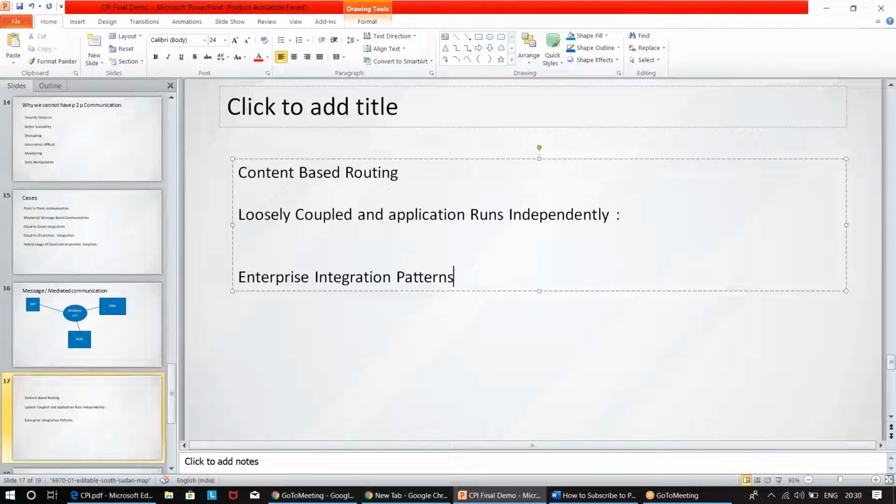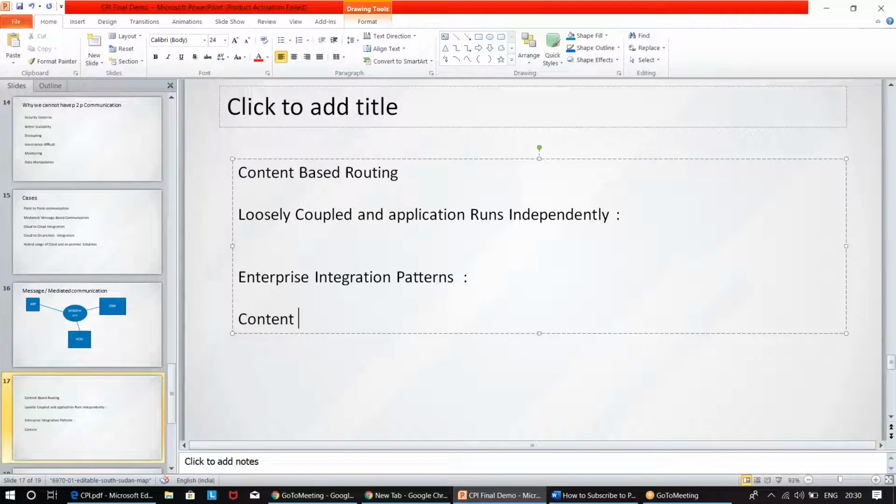For example, take the content based router. In case the sender is connected to multiple receiver systems and the business process requires that the message from the sender is forwarded based on some kind of content logic, might be some content ID or something, that's an example of an enterprise integration pattern.